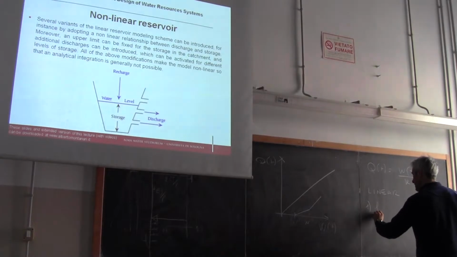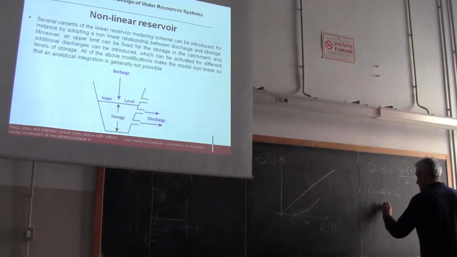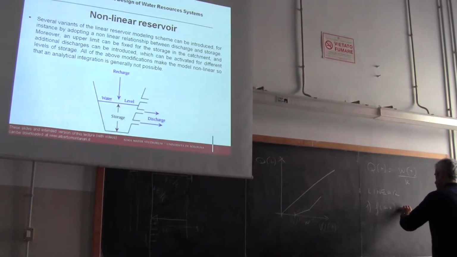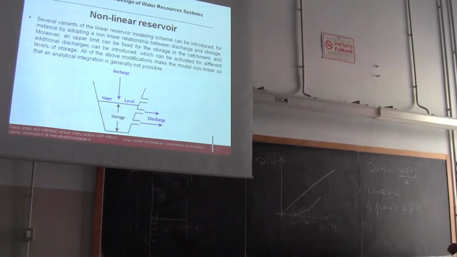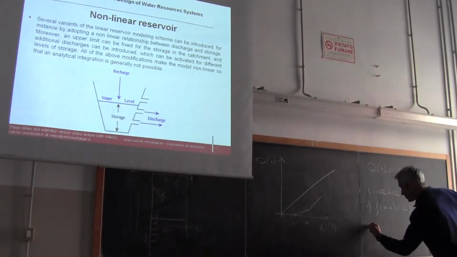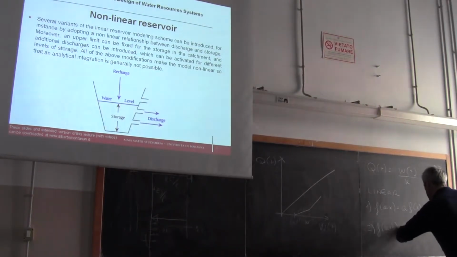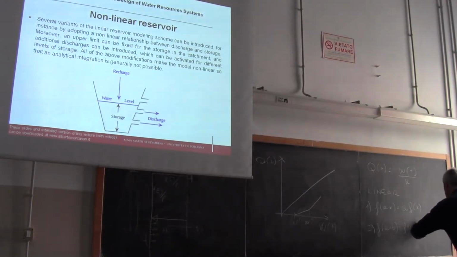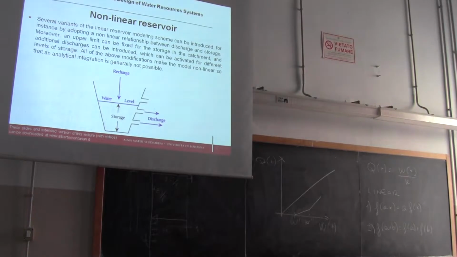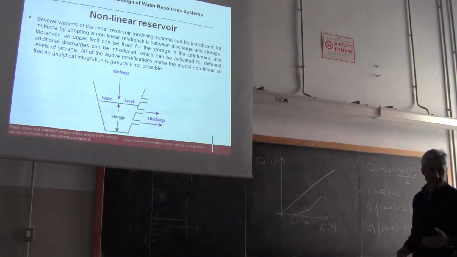One, f of ax is equal to a f of x. This is the first condition. And then there is a second condition, f of a plus b is equal to f of a plus f of b. Remember these. And in particular, the second condition is the superimposition principle, which in Italian is principio di sovrapposizione degli effetti.